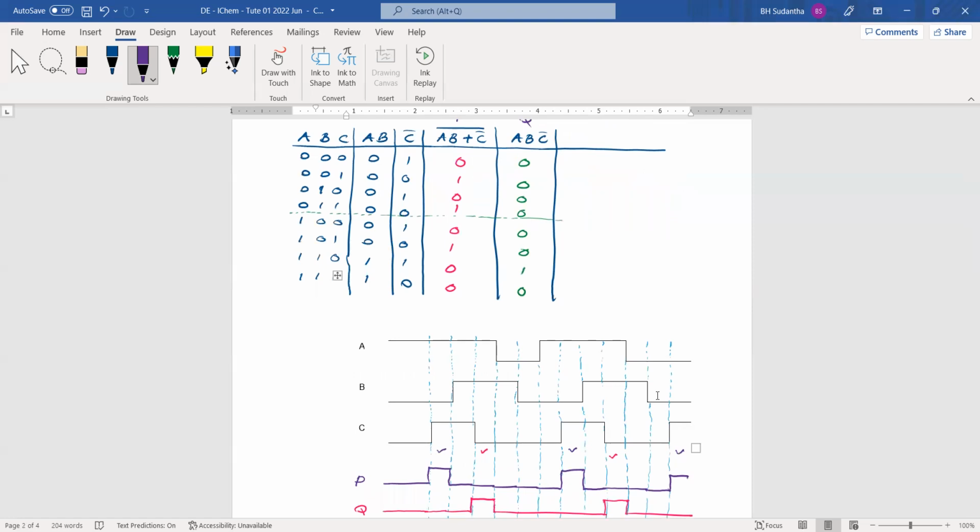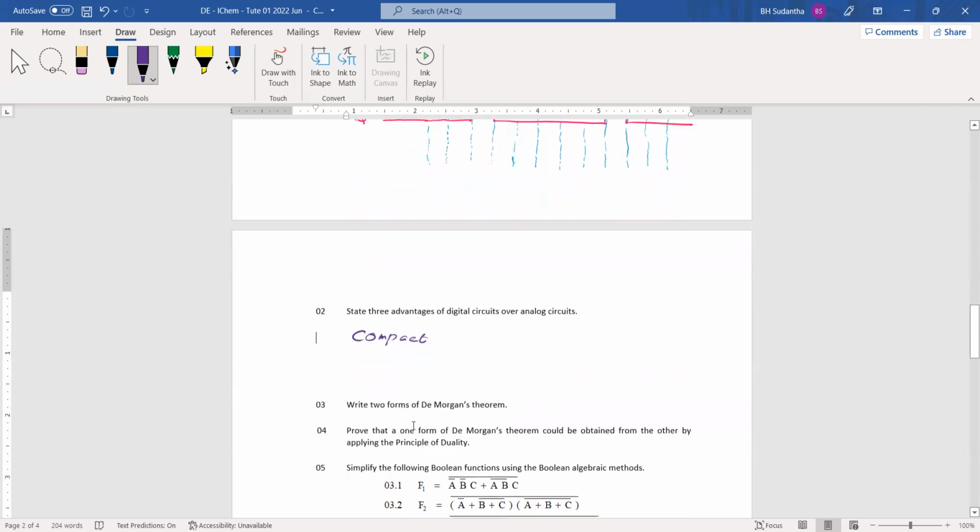Okay, you can see this. Any problem? It's okay. Then we can go to the next one. It's compact, low power, and low cost.